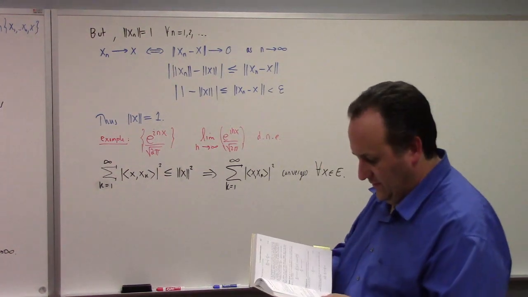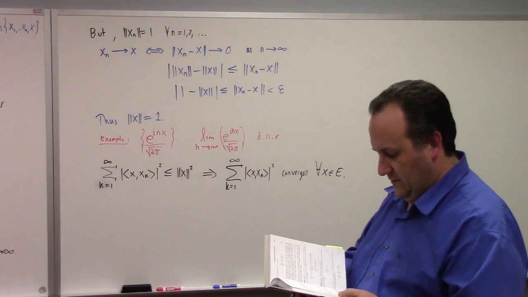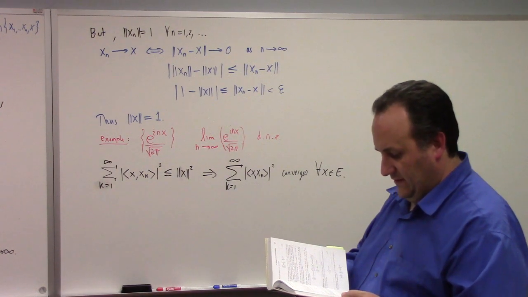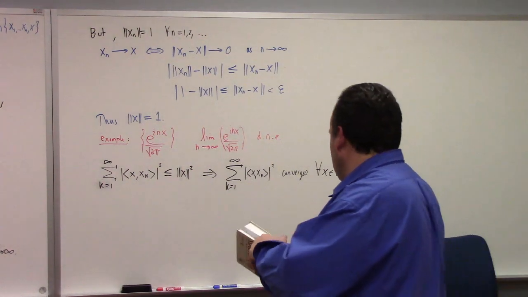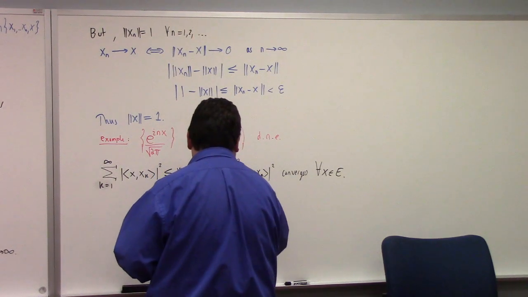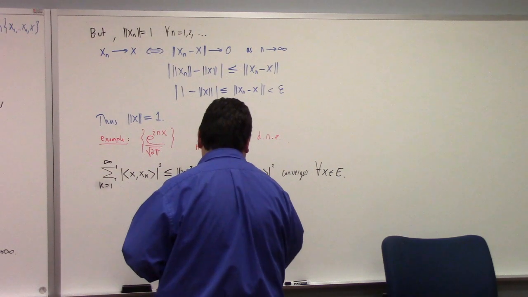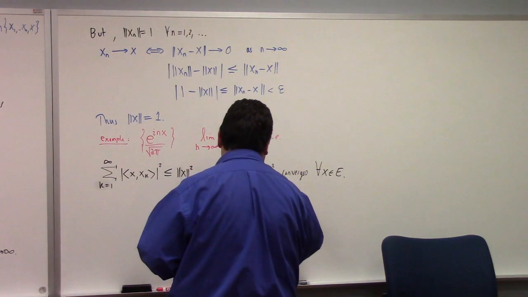So he says that means that we've got an element of L2. So we can say that an orthonormal sequence in E induces a mapping from E into L2. So this means that this sequence, x with xn, is an element of L2.